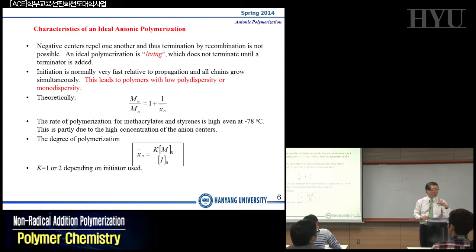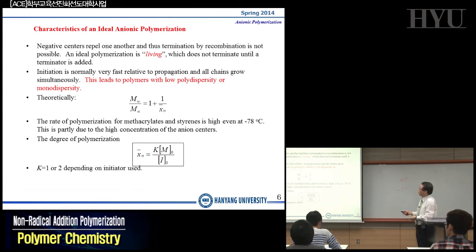Your chain end is still negatively charged, and there is no way of terminating this polymerization without adding water or proton-donating groups. So if you don't have any water, this is a living polymerization. The terminator in this case is water, for example.